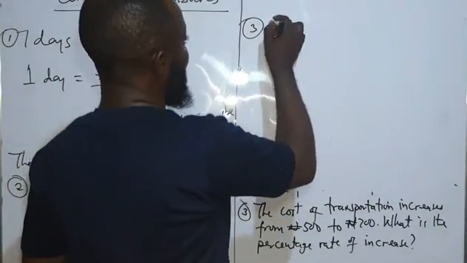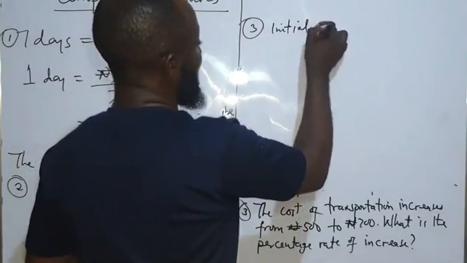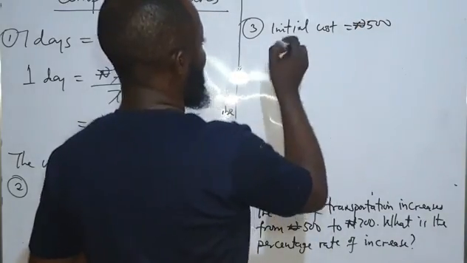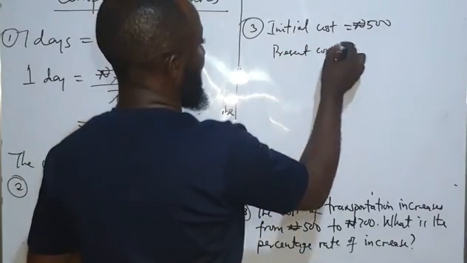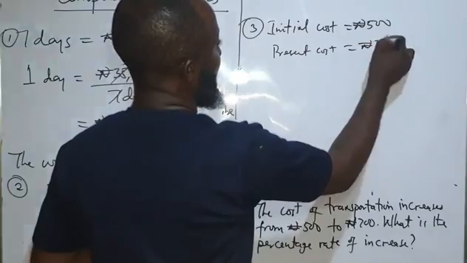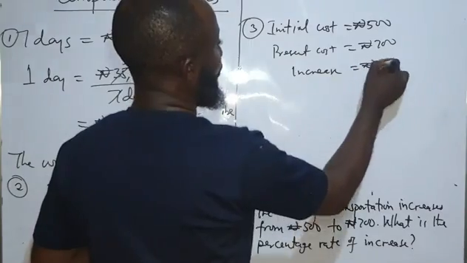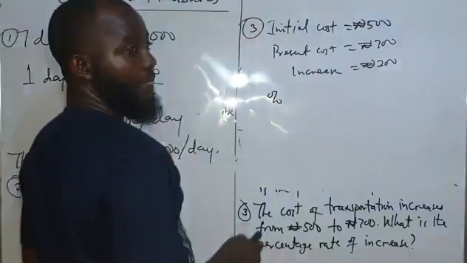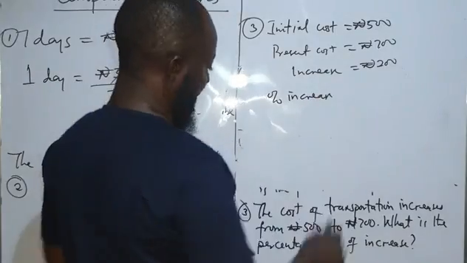Firstly, the initial cost is 500, right? The present cost is what? 700. So the increase now will be what? 200 naira, right? So the percentage increase now, that's what we ask.